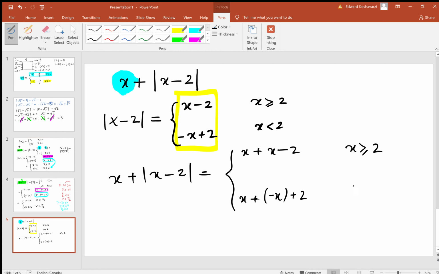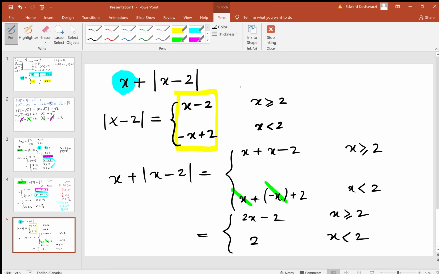I added to the second one. So let's combine the like terms. So x plus x, 2x minus 2 for x larger than or equal to 2. And here, x and negative x cancel each other out. And what remains is 2 for x less than 2. This is the final step.